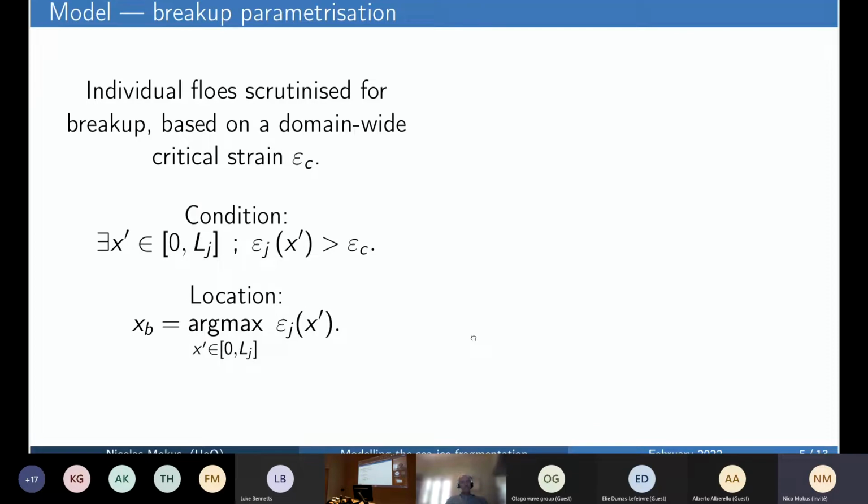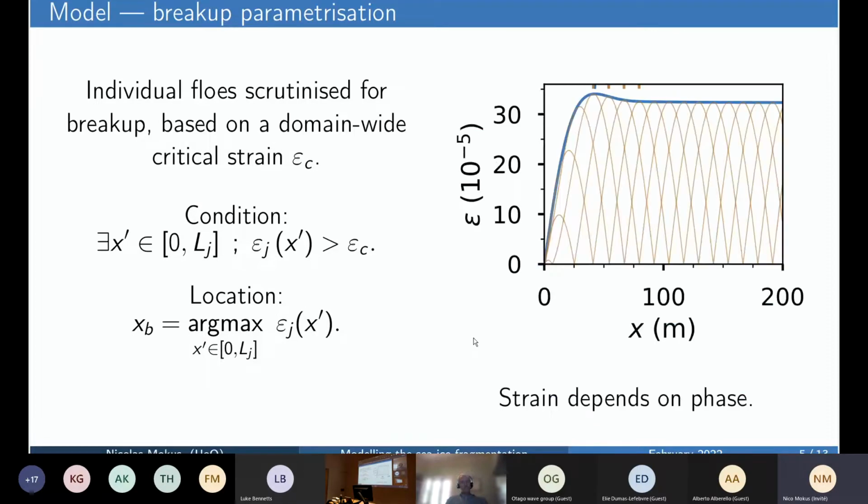Now for what comes next, it's useful to have in mind that the strain profile along a floe depends on the phase of the wave at the floe edge. Different phases will lead to different locations of the maximum strain, which translates to different sizes for the broken pieces. The figure shows the strain envelope for a semi-infinite floe in blue, and 4 strain profiles for 4 equally spaced phases between 0 and pi excluded.